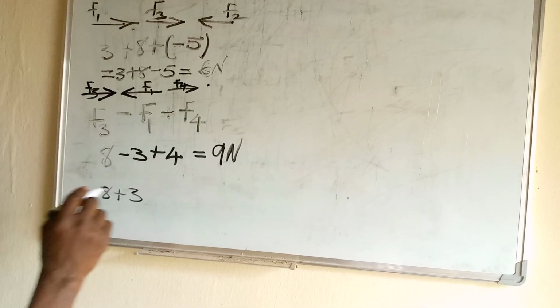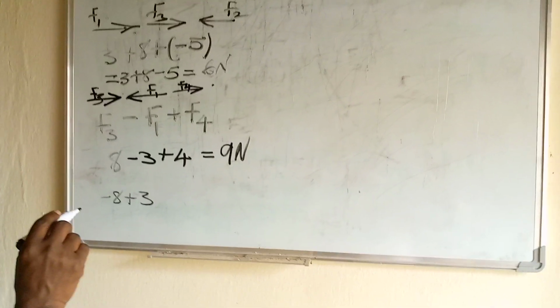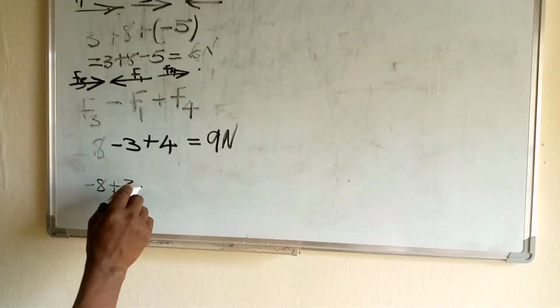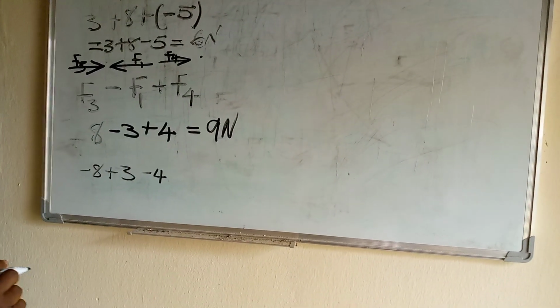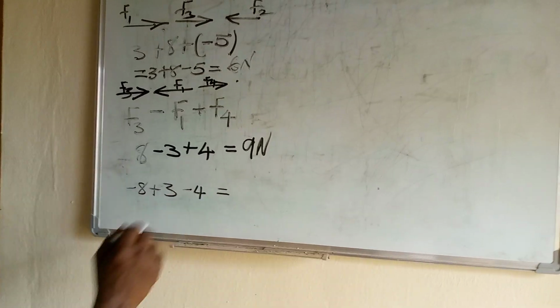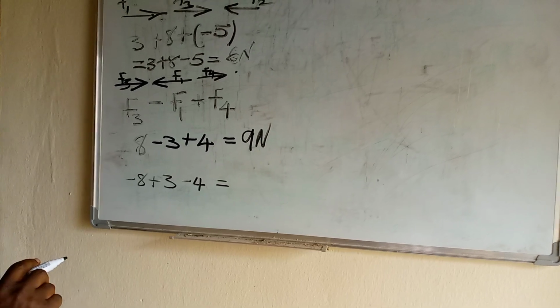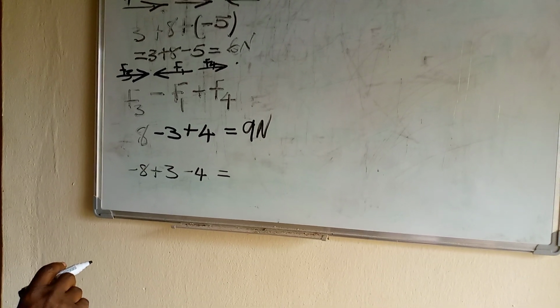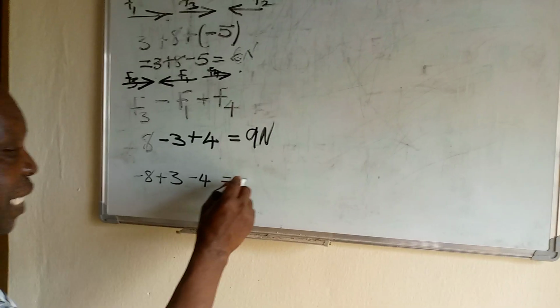The resultant now becomes minus 8 plus 3, that is minus 5, minus 4, that is minus 9.